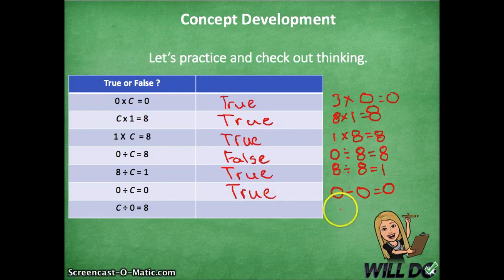And finally, c divided by 0, let's plug in 8. 8 divided by 0 equals 8. 8 groups divided by nothing equals 8. That's false.